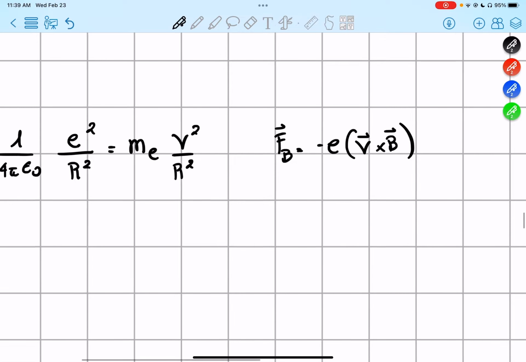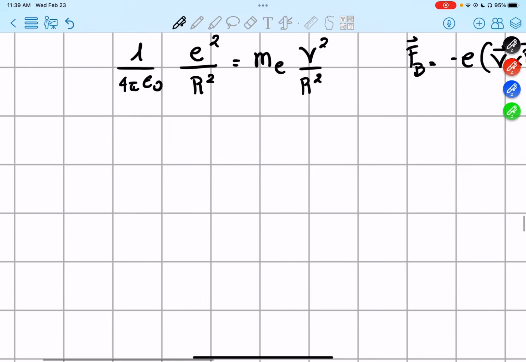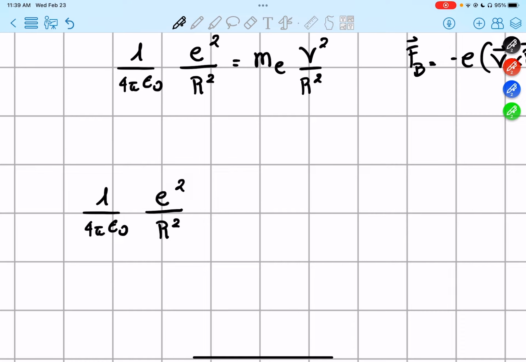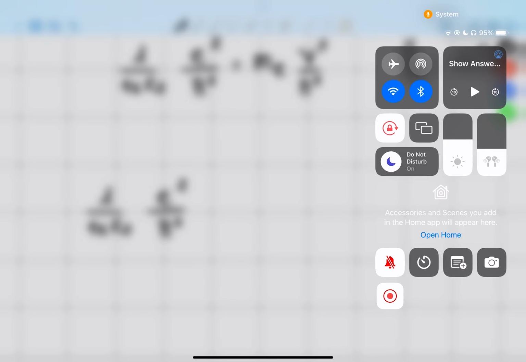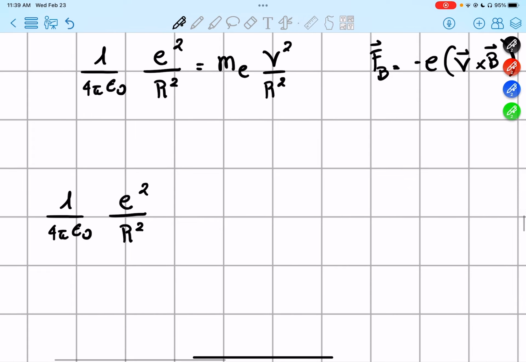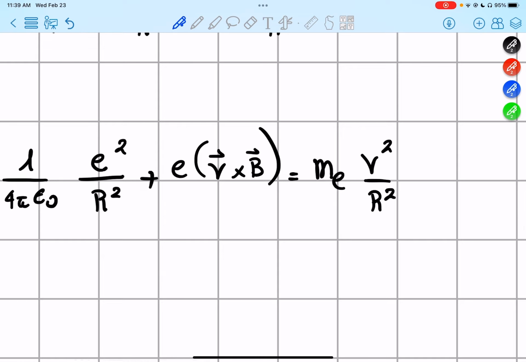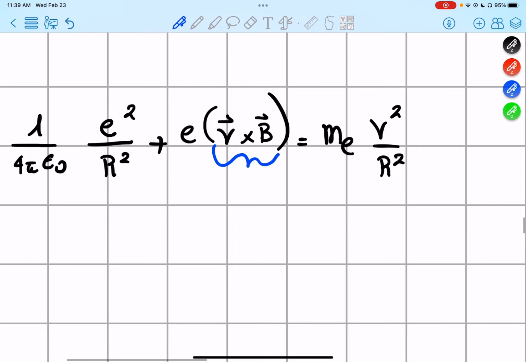So let's add this to our formula, and we get that the left side adds one element that is equal to minus minus, plus E times V cross B. Of course, this is equal to the mass of the electron times the velocity squared over the radius squared. Now the cross product will be equal to V times B times sine of theta.